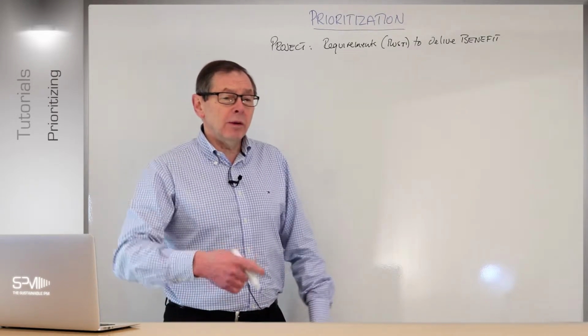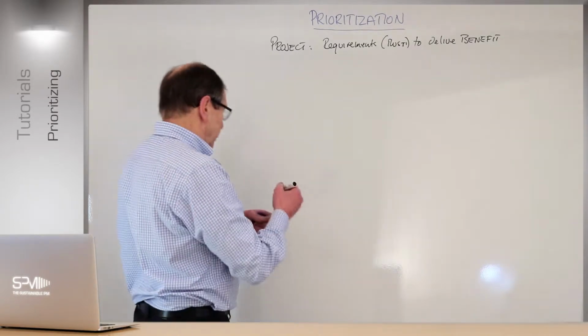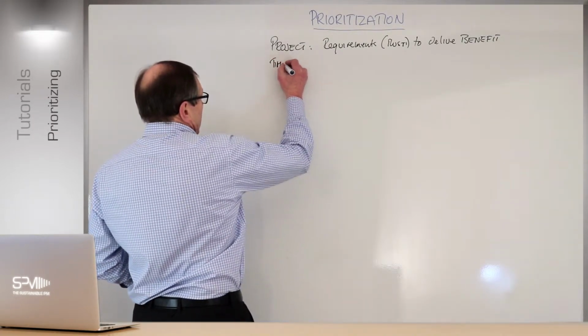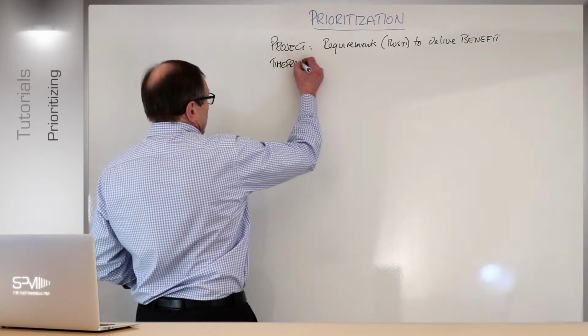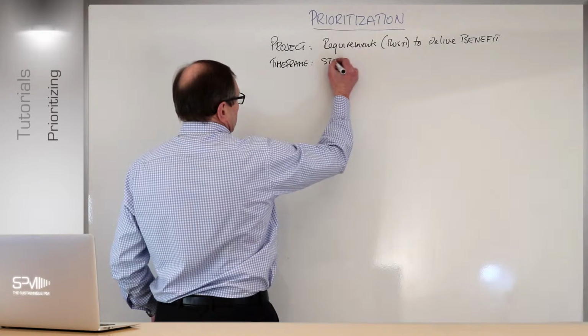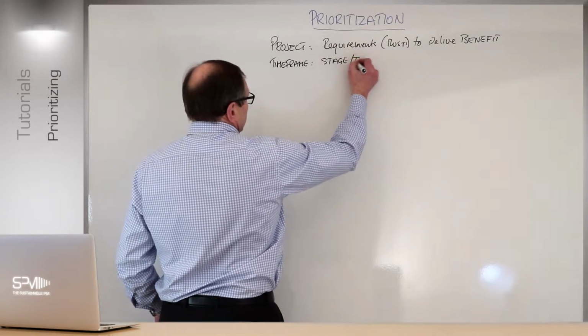But then we have two other levels. When we're running through the project itself, we also have a time frame, so I'll put the time frame here in the sense of a time section for stage, stroke, increment.